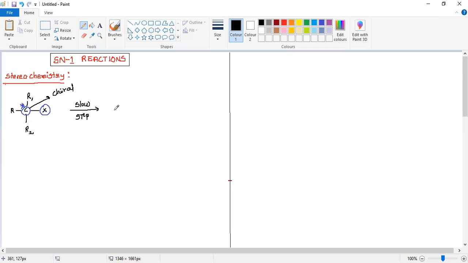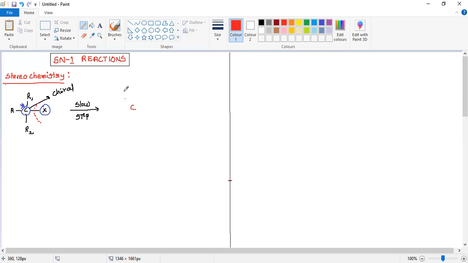Enantiomers, configuration. See how it can be drawn. On breaking of this bond, first what happens? Reaction intermediate, so that means a carbocation is obtained. Carbocation is obtained here.